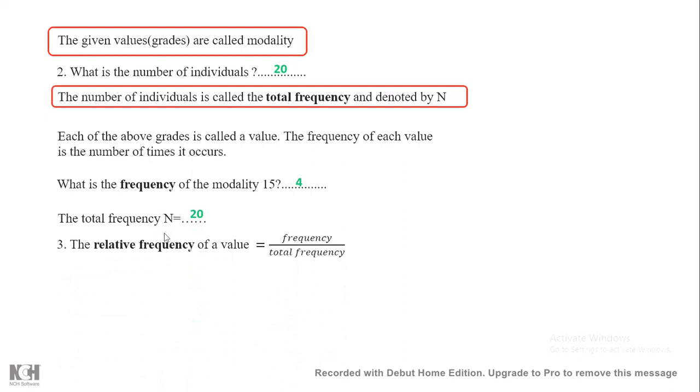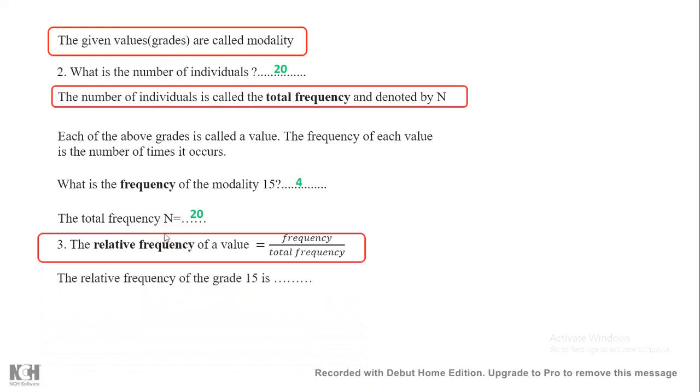The relative frequency of each value is the frequency over the total frequency. So the relative frequency of the grade 15 is 4 over 20, or 0.2.